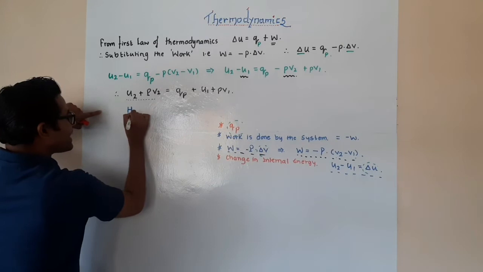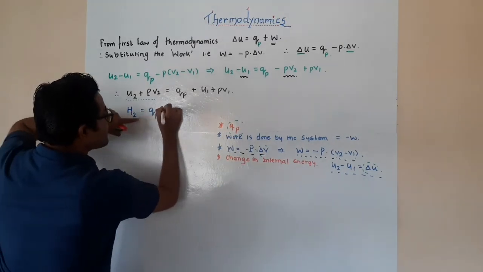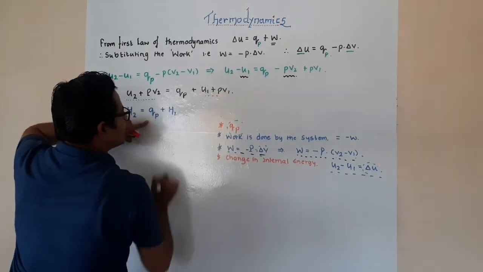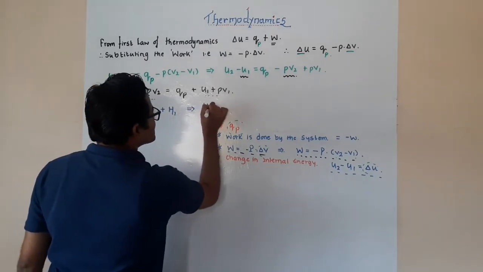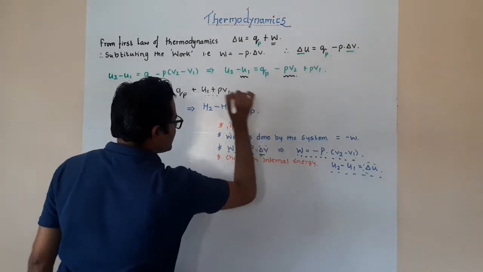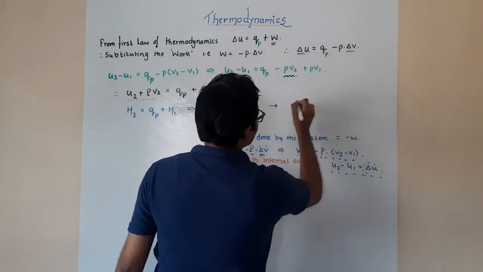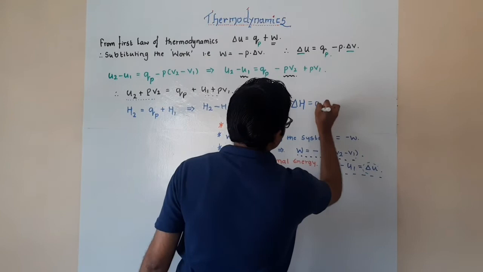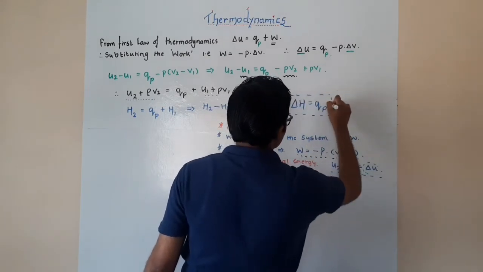We write it as H2 is equal to Qp plus H1. Therefore H2 minus H1 is equal to Qp, so we get our first conclusion: delta H is equal to Qp. Remember this point first.